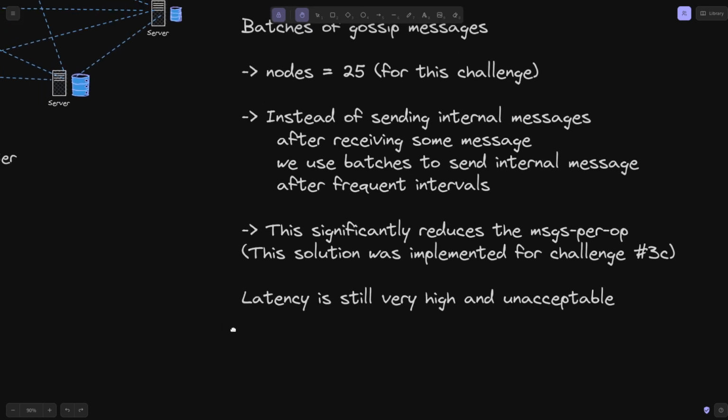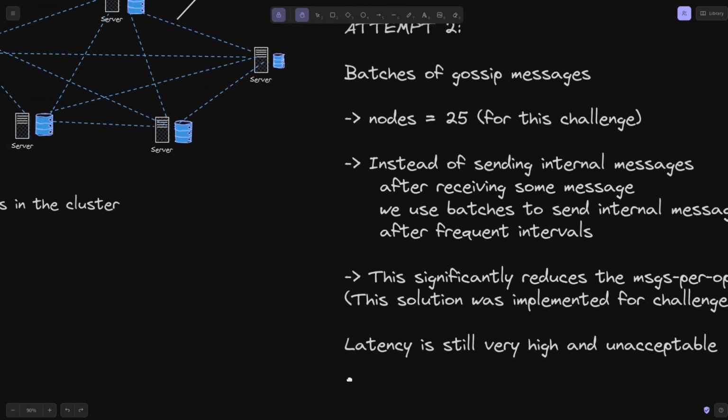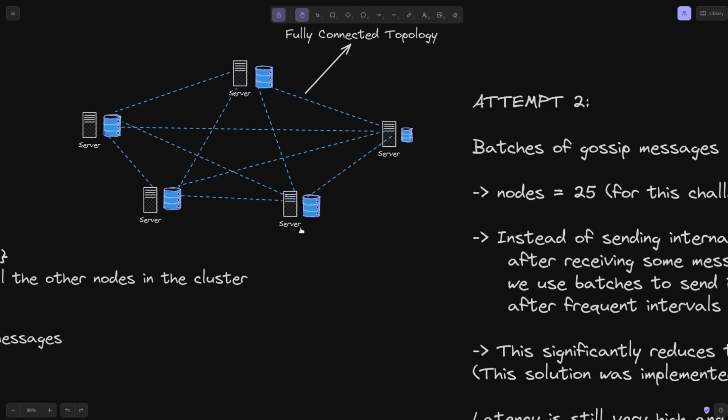Still, the concern is that the latency is very high for this, because let's say this node is sending a message, it waits 500 milliseconds.